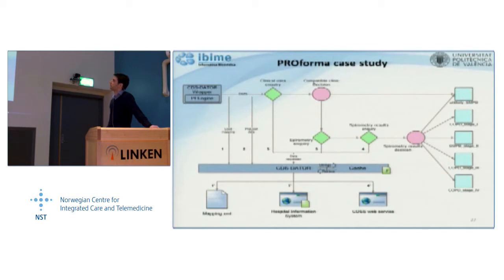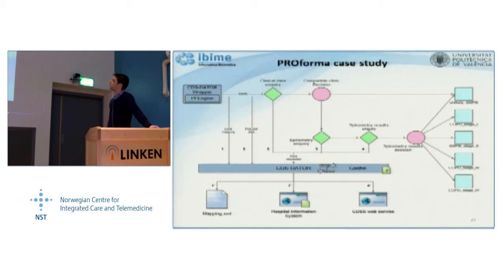And the execution of the guideline is the same, but we added a new inquiry node because we also wanted to test if we were able to connect the Proforma engine with a clinical decision support system that was developed and was online.